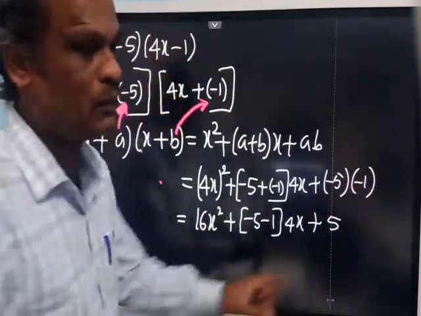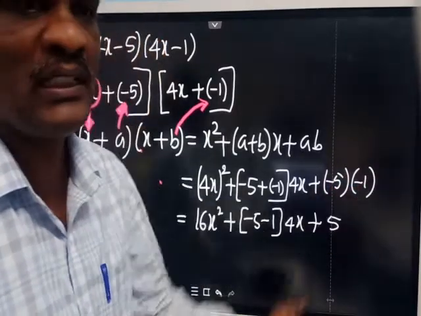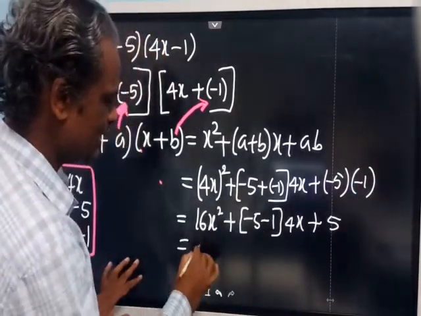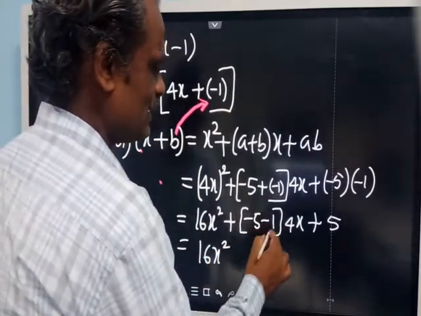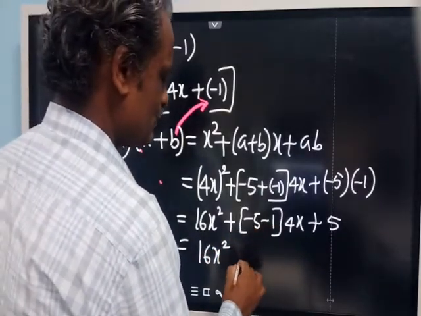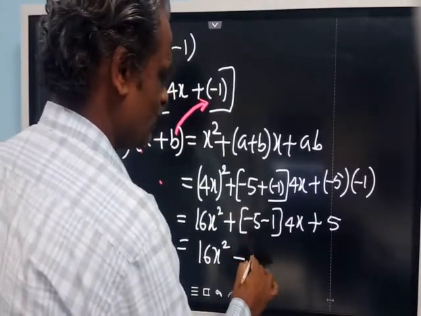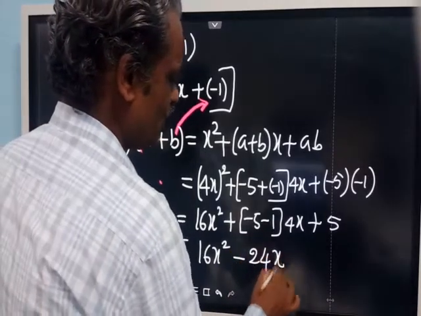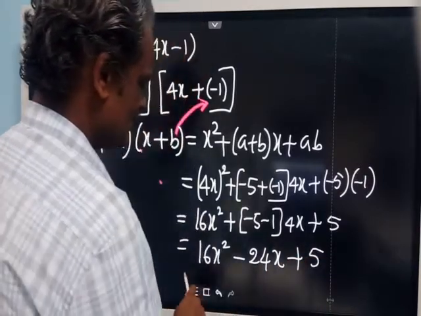Minus 5 into minus 1, minus into minus plus. Now you are getting 16x square. This one, minus 5 minus 1 is 6, 6 fours are 24x plus 5. So this is the solution.